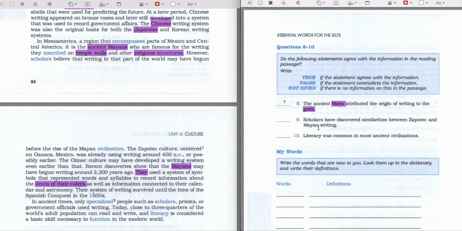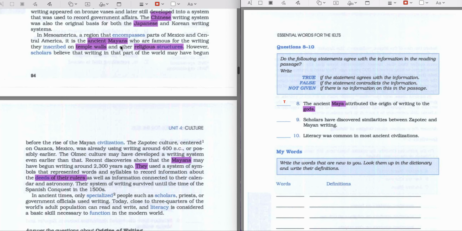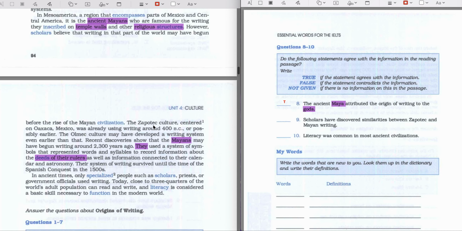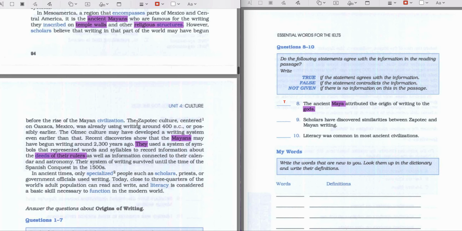Further questions, scholars have discovered similarities between Zapotec and Maya writing. So further, when we find the paragraph about Maya, we go further and we see here, let's highlight this word Zapotec and the Maya writing. So here they highlight Zapotec.